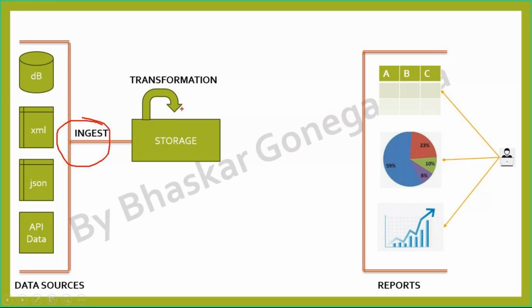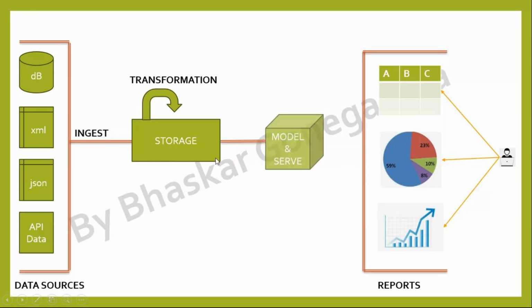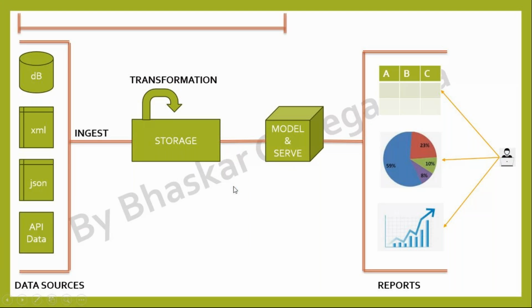What tool it is, just ignore it at this point of time. And I'm having the cleansed data here, and we can give this data to the model, and the reporting team will take care of how exactly they want to create a report.